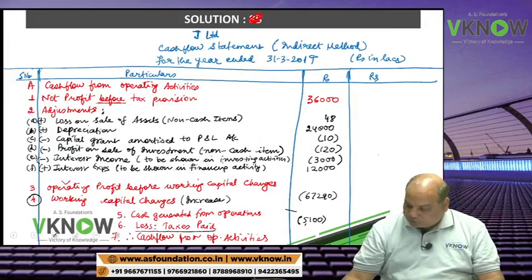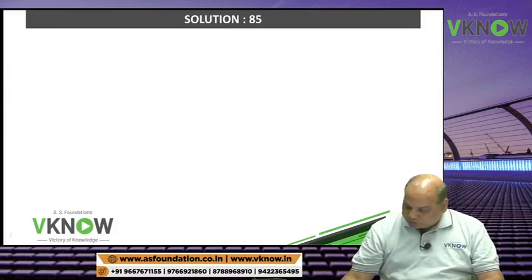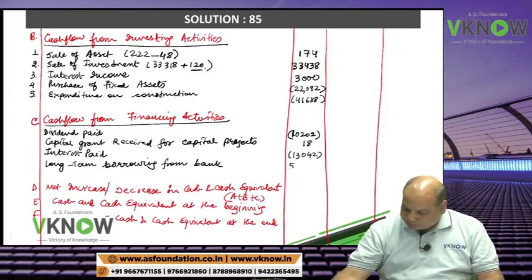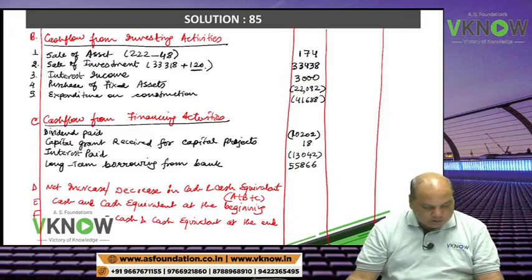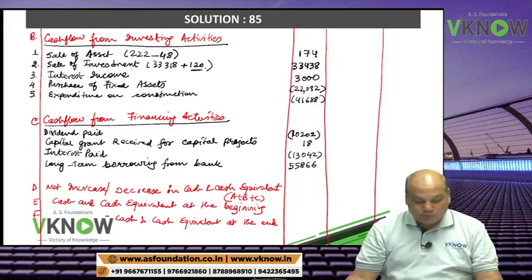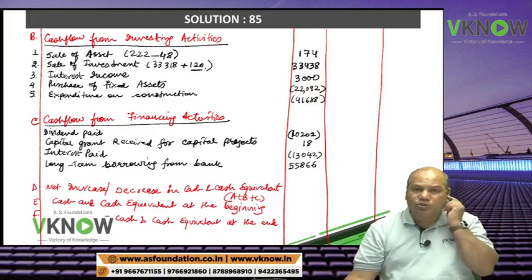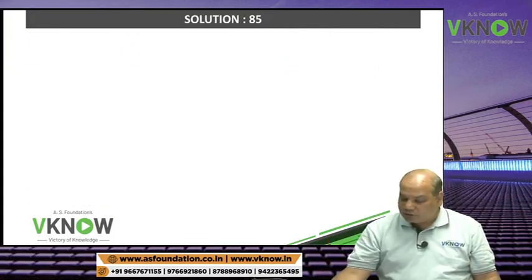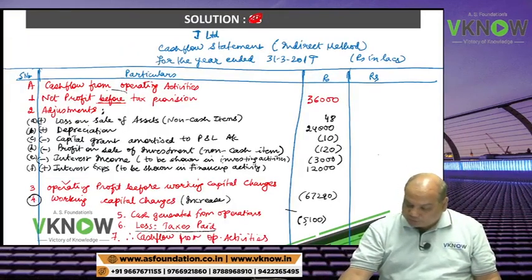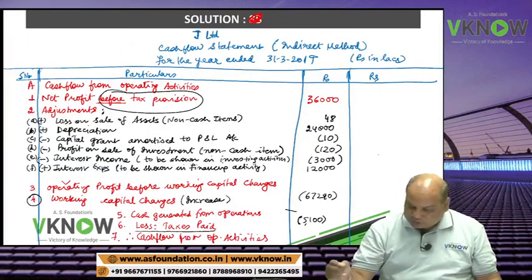So write down there 55,866. Now they are saying provision for income tax debited to P&L account. Don't do anything. Sir, why don't do anything? Because the profit given is profit before tax provision. Underline.